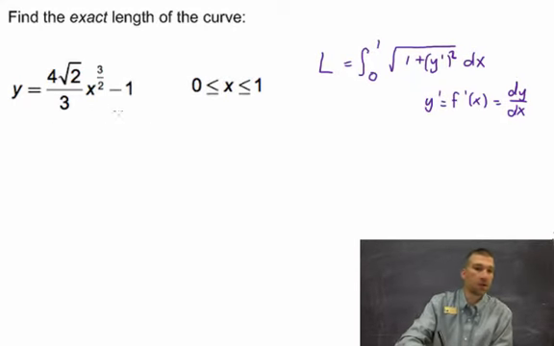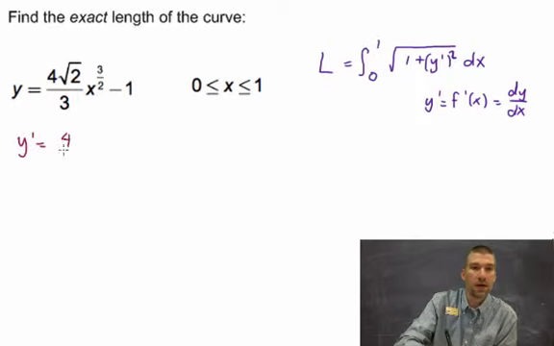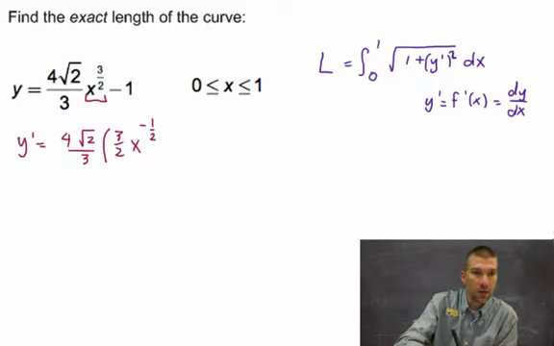This particular guy looks a little bit on the gross side. So what we're going to do is we're going to find the derivative, which is, if you break it down, 4 square roots of 2 over 3 times the derivative of this part right here. So that's going to be 3 halves times x to the positive 1 half.